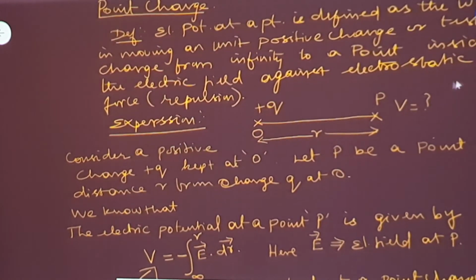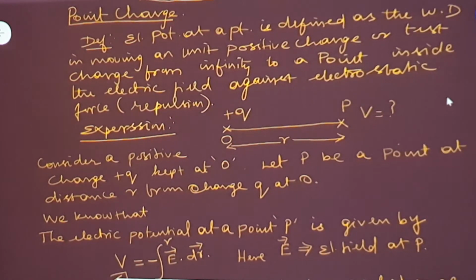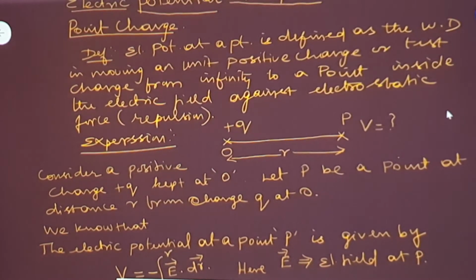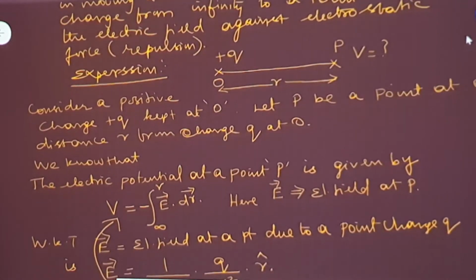The definition is: electrical potential at a point is defined as the work done in moving a unit positive charge or a test charge from infinity to a point inside the electrical field against the electric force of repulsion or against the electrostatic force.